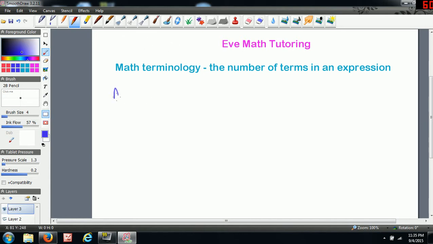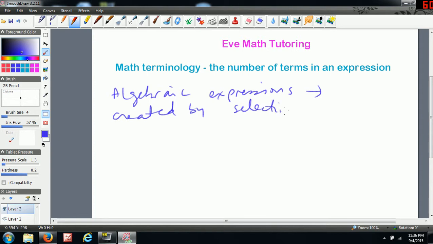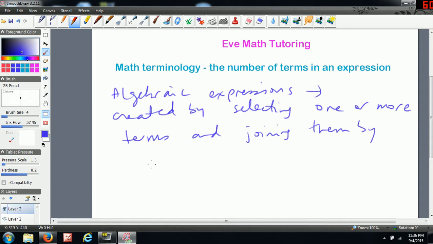Now, an algebraic expression can be created by selecting one or more terms and joining them by a plus or minus sign.